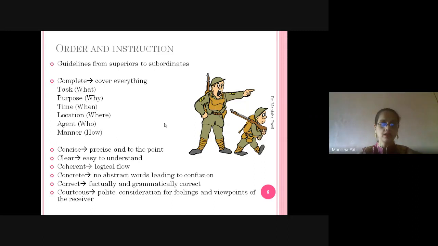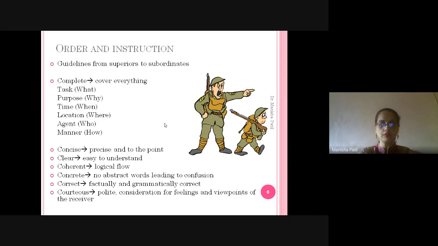Here we come to 7 words which start with C. Complete, concise, clear, coherent, concrete, correct, and courteous. These 7 words are known as 7 C's of communication.